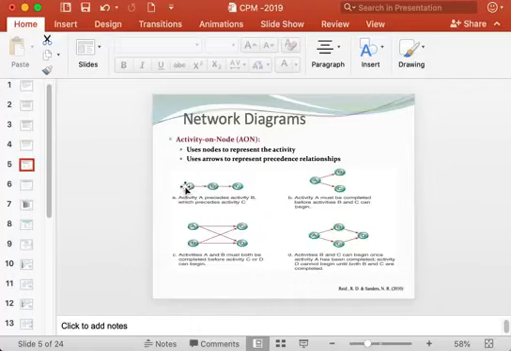This one circle is representing one activity for which the identification code being used is A. This is another activity of a project whose identification code is B. This circle is representing another activity, and the identification number given to it is C.